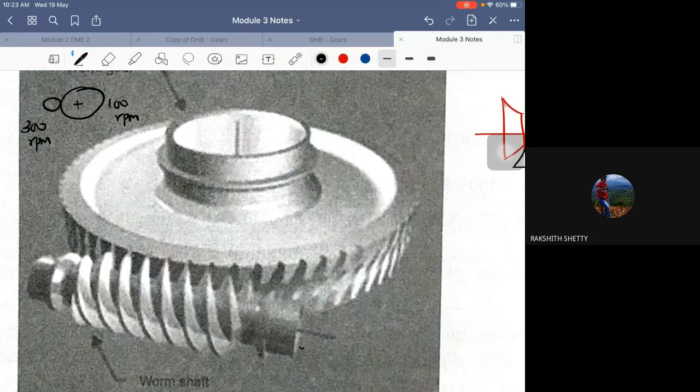Suppose the same thing, if I want to reduce 500 rpm to just say 50 rpm. Then the pinion would be small and the gear will be large, again just to compensate the velocity ratio. Are you getting the imagination?